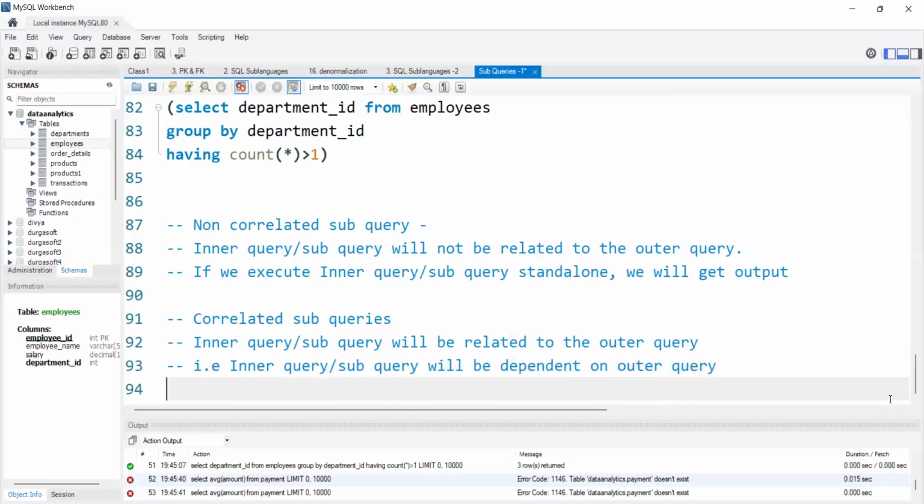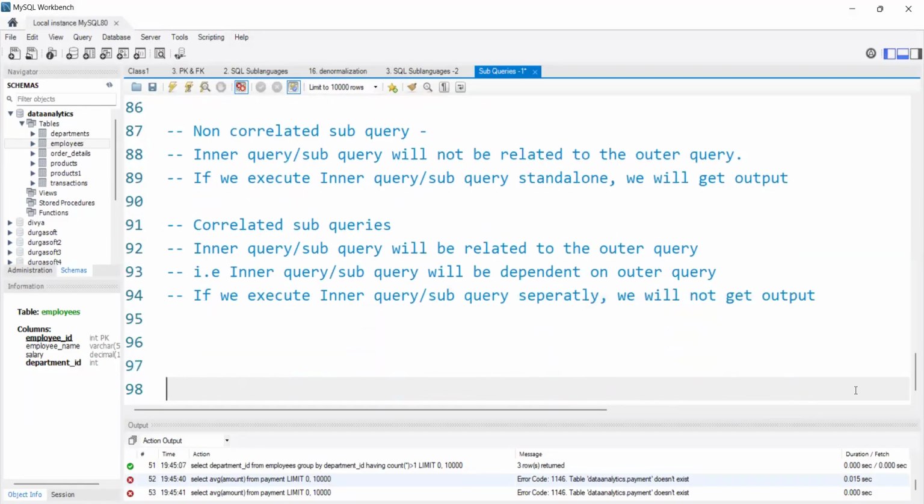If I execute the inner query or subquery standalone, I will not get any output. Exactly opposite to non-correlated. We will not get the output separately. So this is the concept of correlated subqueries.